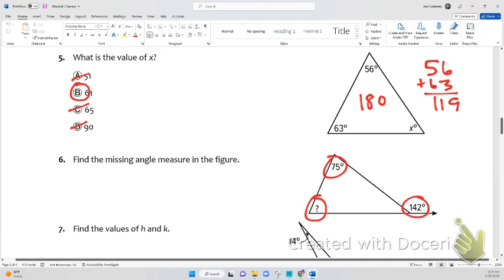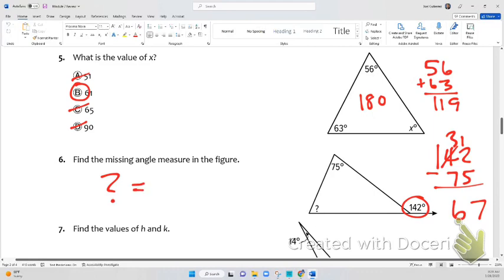So all we need to do for this one, very easily, you take 142, you subtract one of the angles that's given, which in this case is 75. I regroup, this gives me a 7, 13 take away 7 gives me a 67. So that means that the missing angle measure is 67 degrees, because if you add the 67 plus the 75, it should give you 142 degrees.